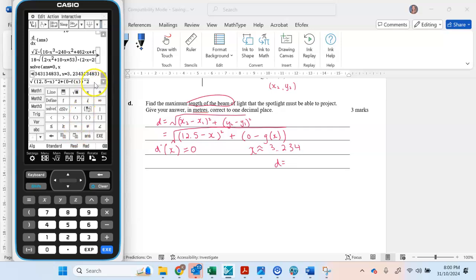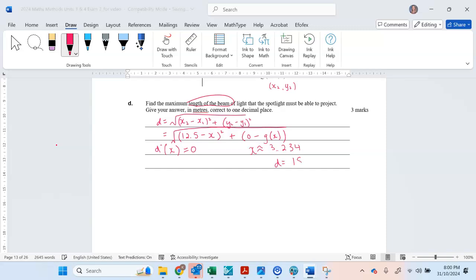Then at this point, we can say, given that, and highlight this to as many decimal places as you can and put it in. Because I'm in standard mode, it's giving me the exact answer. And we get 15 to 1 decimal place. Okay, so 15.0.